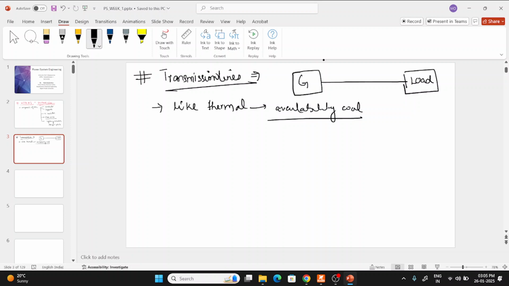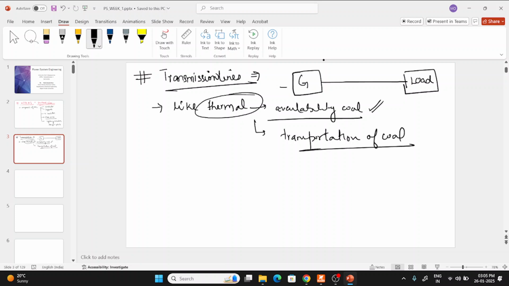So the generation plant for a thermal power plant will be made at those locations where the availability of coal is high. Another thing is the transport. If the availability is not good, but the transportation of the coal is easier to that place, we select those places for the generation.